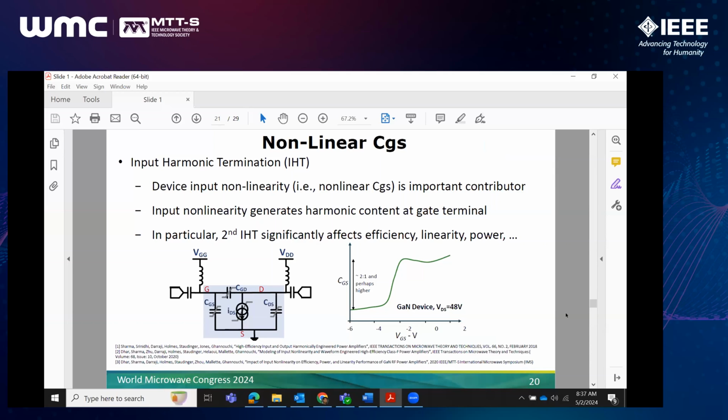So going from the off state to the on state, the value of CGS increases quite a bit and can easily be a factor of 2 to 1 or even more depending on how the device is made. Under PA operation, the input signal will drive it across this range, and it will create significant nonlinear currents affecting the drain-source voltage and the drain current. So it is a significant contributor to performance in the power amplifier.